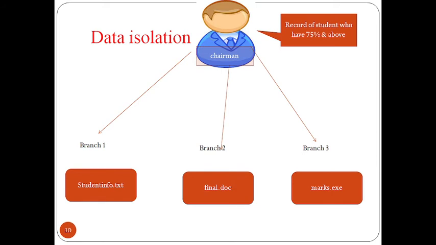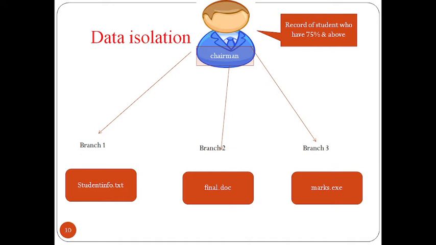Every branch maintains its own data in its own file format. Branch 1 has stored its data in a txt file, branch 2 has stored its data in a doc file, and branch 3 stored its data in a marks.exe file.